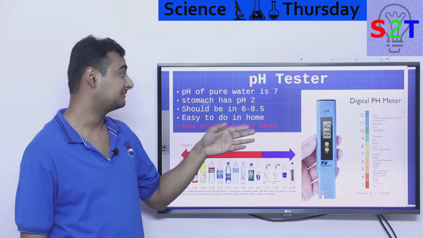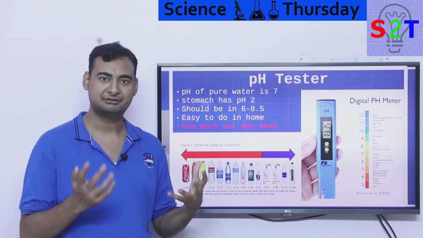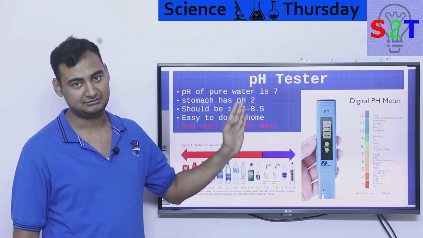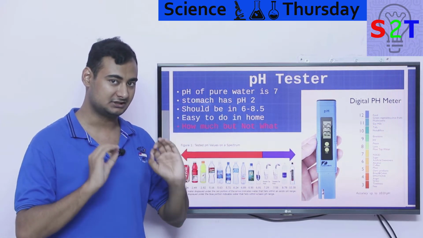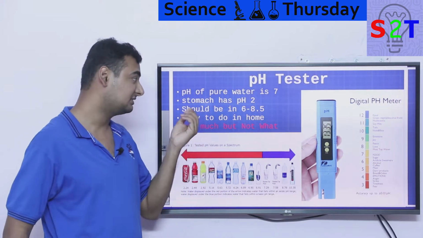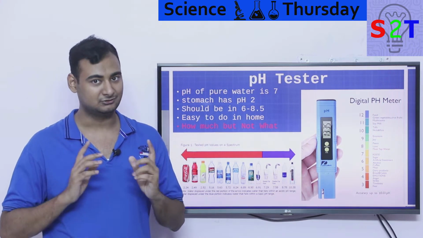Then we come to another thing that is easy, cheap to afford and buy. You can directly buy it from Amazon: a pH tester. Now pH has become a kind of buzzword for health gurus and all that. You have to understand, pure water is at 7. Just go with it. 7 is pure water. Pure distilled water should be around 7. Now your stomach has a pH of upwards of 2. Here's the deal, your intestine is what absorbs the water, not your stomach.